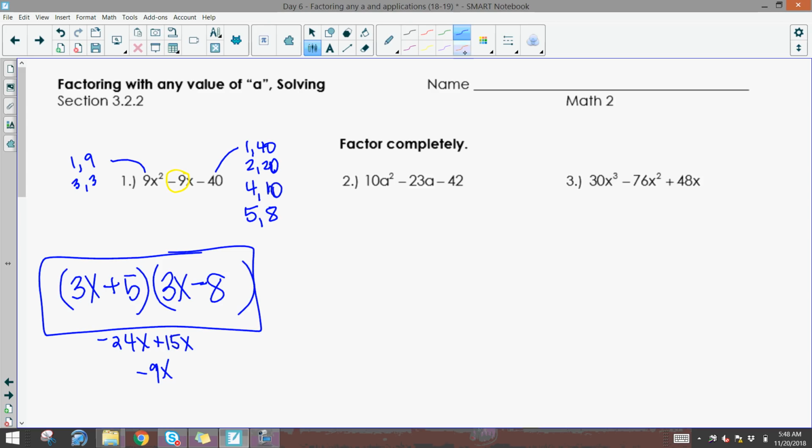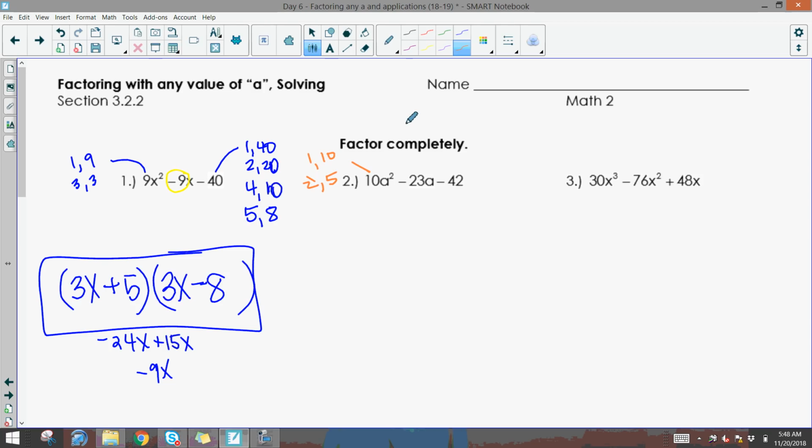Okay. If you take a look at number 2, again, no GCF because of the 23 in the middle there. So my factors of 10 are 1 and 10 and 2 and 5.